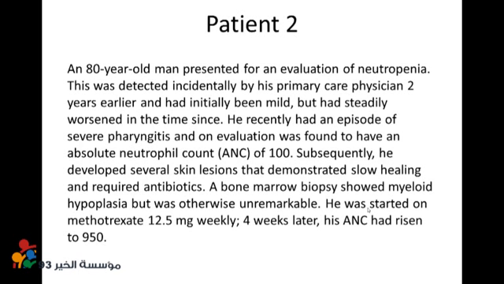Why? Because recurrent infection in a patient with chronic neutropenia is an uncommon illness. If the patient had more than 500, this patient is already telling me upfront that he had an earlier neutropenia diagnosed by the primary care 2 years ago. And now he's starting to get severe pharyngitis. He must have it below 500.